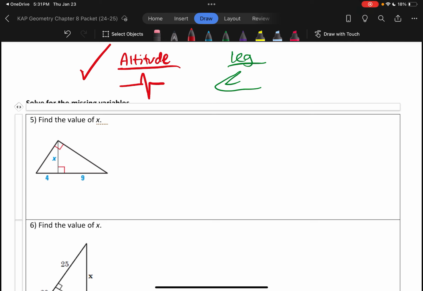If I do my path of a heartbeat for altitude, then this would be 4 over X. Go back down in your heartbeat, X over 9. There's your setup, and we're not separating 3 triangles out. I got my setup, I'm good to go, cross multiply, and get your answer. I know I set this up correctly because, remember, your diagonals repeating is a sign that you set it up correctly.